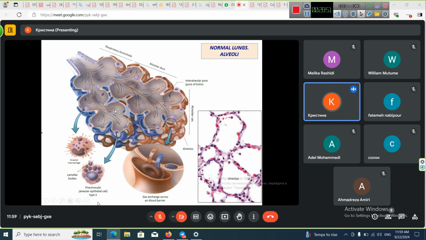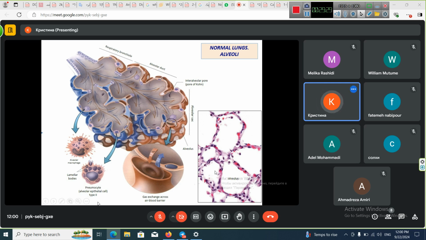The function of lungs is to bring oxygen to capillaries. It means that oxygen goes from air to blood capillaries, and from blood capillaries through the wall of alveoli, CO2 gas goes to the air inside the alveoli. So here you see the gas exchange between the air in the alveolus and the blood in blood capillaries through the very thin wall. This is how normal lung looks in histological preparation.